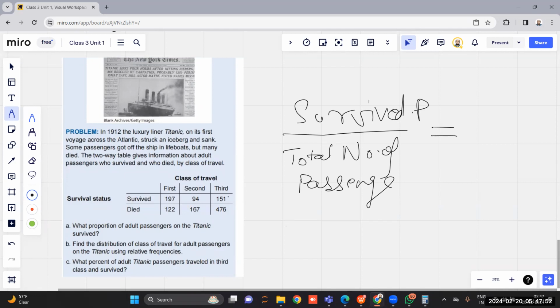So how many are the survived passengers? The total amount who survived is 442. Very good. So 442 divided by how much is the total number of passengers there? You have summed this survived row, you need to sum this died row also. I'll open the calculator.